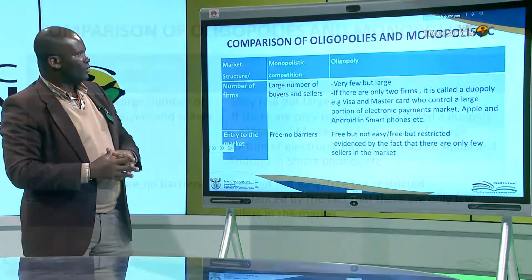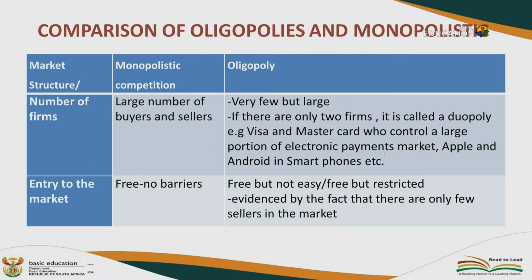Let's now look at the comparison between the two. When you compare, like I said, you need to identify a feature of the market structure, then try to compare the same feature between the two or more market structures.